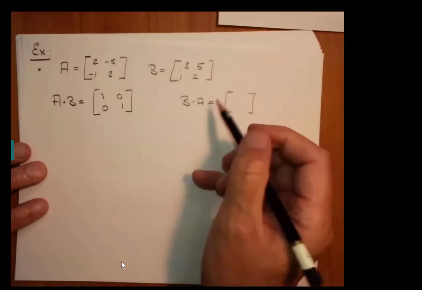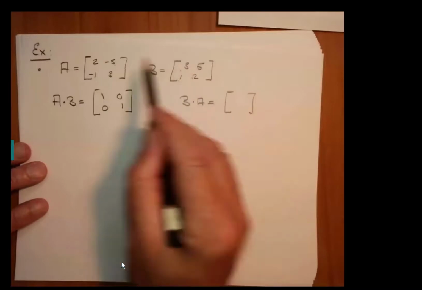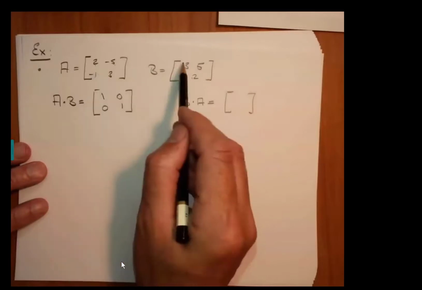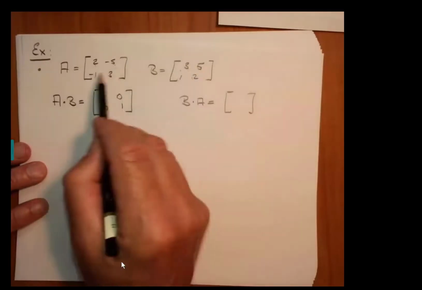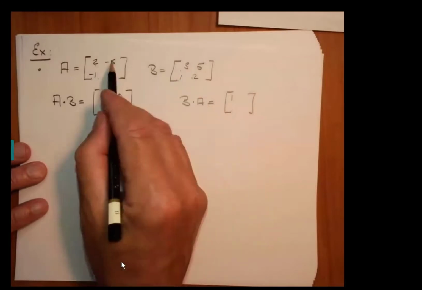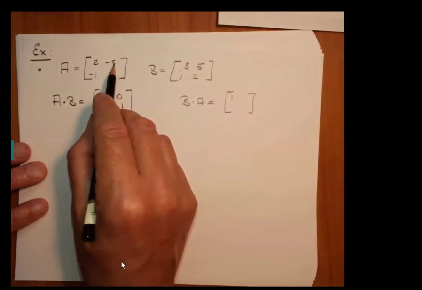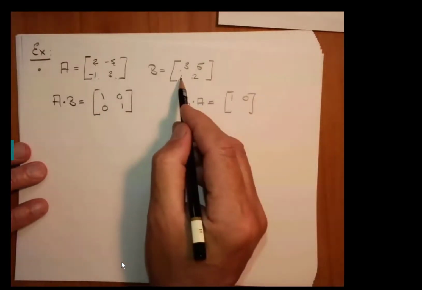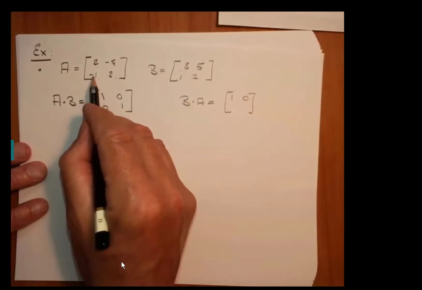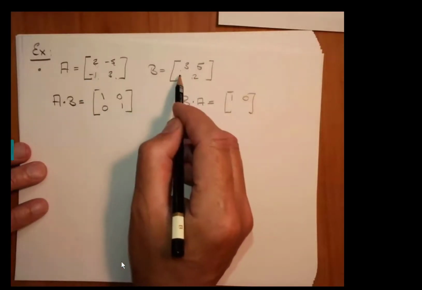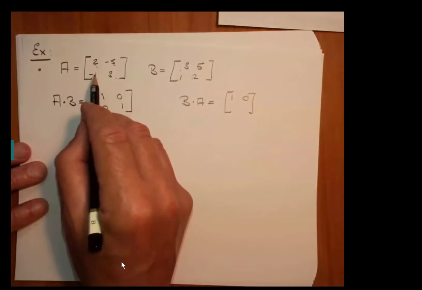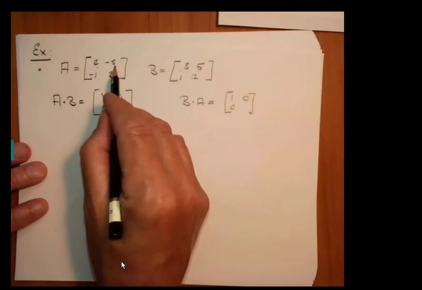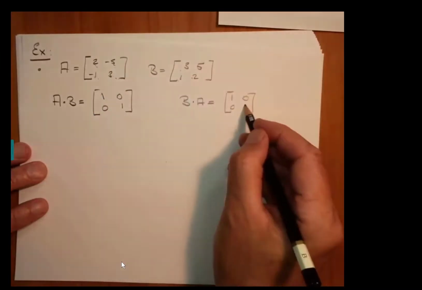Now the other way around, B times A: 3 times 2 is 6, minus 5 is 1. 3 times -5 is -15, plus 5 times 3 is plus 15, 0. 1 times 2 is 2, minus 2 is 0. 1 times -5 plus 3 times 2 is 1.